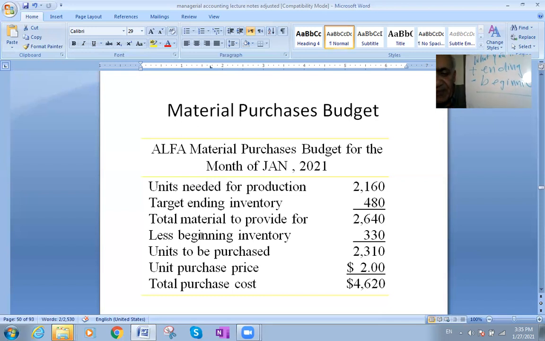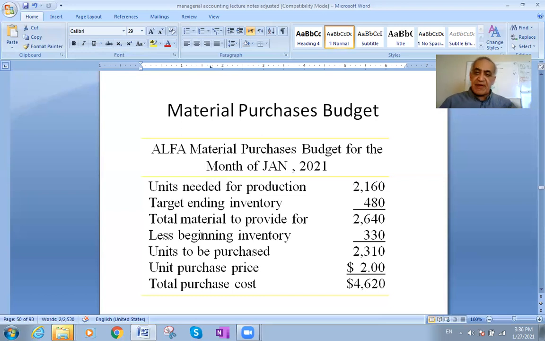Then this is what you need to purchase, what you need to produce. This will give you what you need, like you see here.